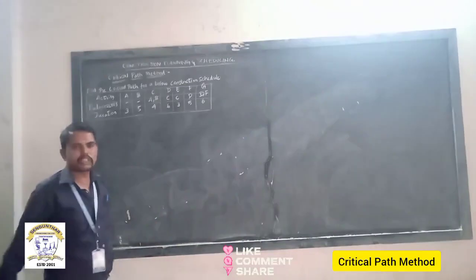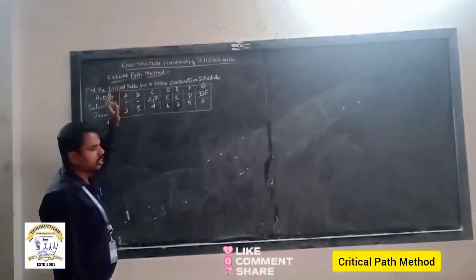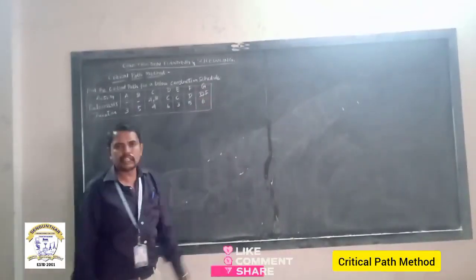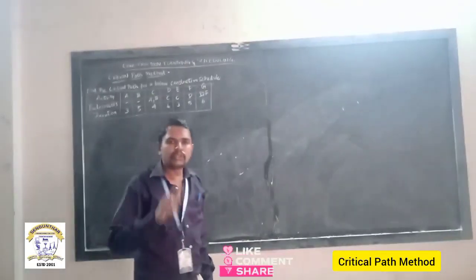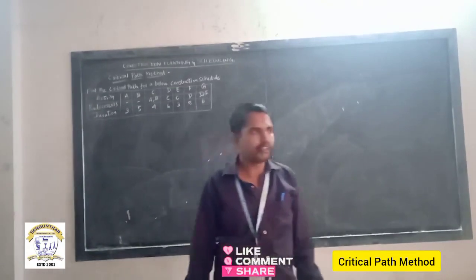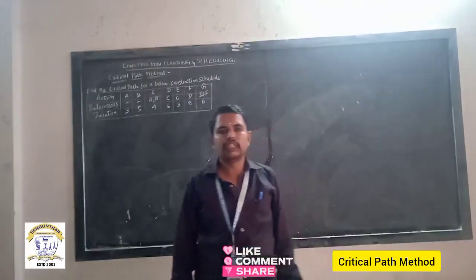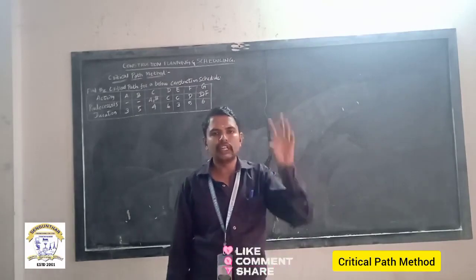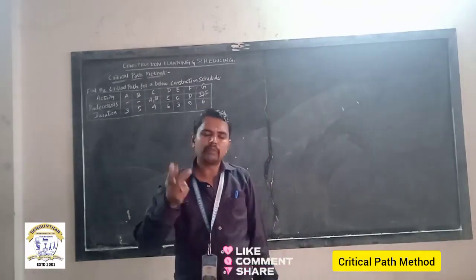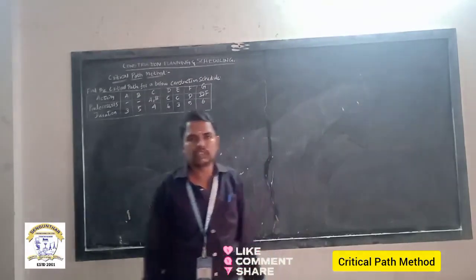For every activity, there are 2 nodes or 2 events: a start event and an end event. Sometimes the event is otherwise called a node.